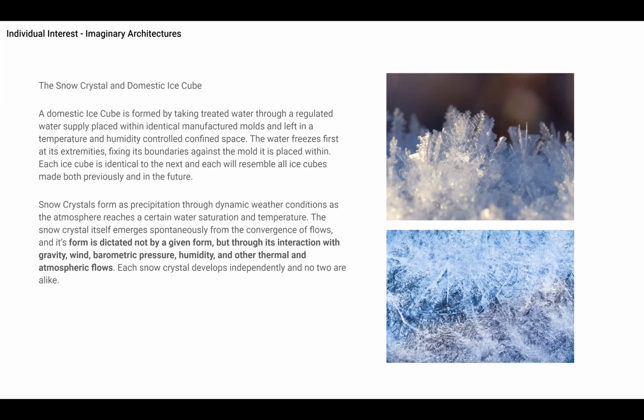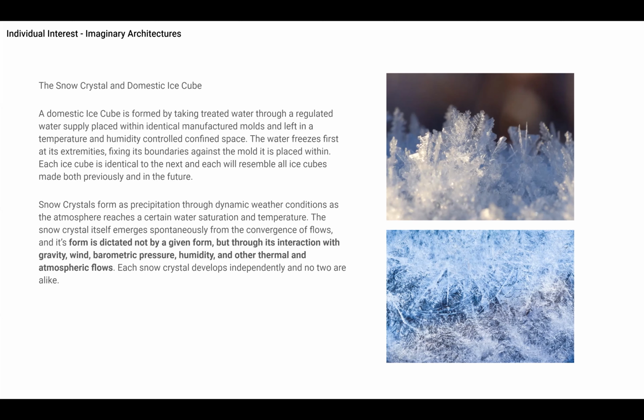An ice cube is formed by taking water, placing it in identical manufactured molds, and leaving it in a temperature and humidity controlled space, or freezer. The water freezes at its extremities and fixes the boundaries to the mold, and each ice cube is identical to the next, and to all past and future ice cubes. So there's no element of randomness, chance, or time.